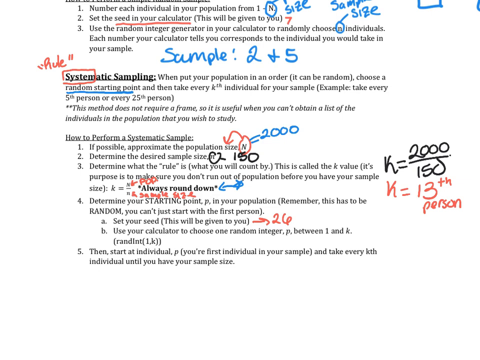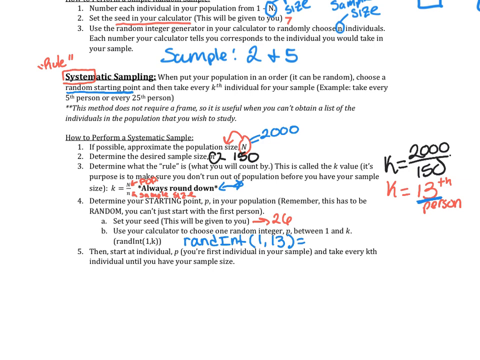And then to pick your random integer, to find your random starting point, you're going to do math and then randInt, option 5, over to the PRB menu. And you're going to do 1, comma, whatever your K value is. You're going to be starting somewhere in between 1 and 13, just randomly.